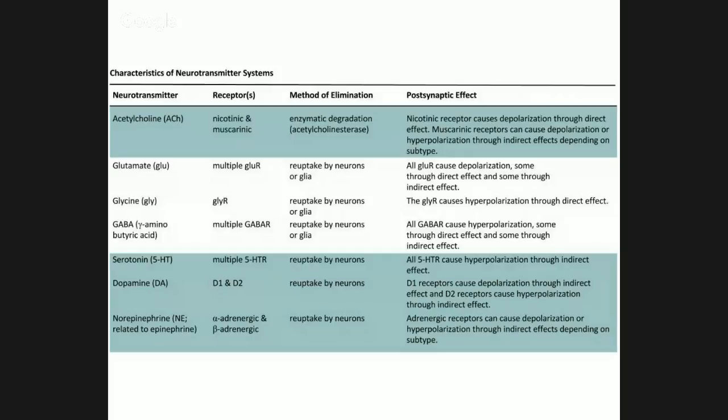The next two types here, dopamine and norepinephrine, are both made from another amino acid called tyrosine. And there's actually a whole cascade of changes that start with tyrosine. There's an enzyme that converts tyrosine into another amino acid called L-DOPA. And then L-DOPA is modified by another enzyme into dopamine.